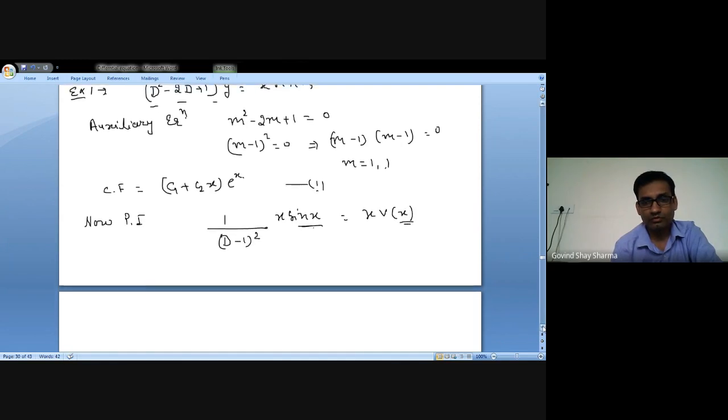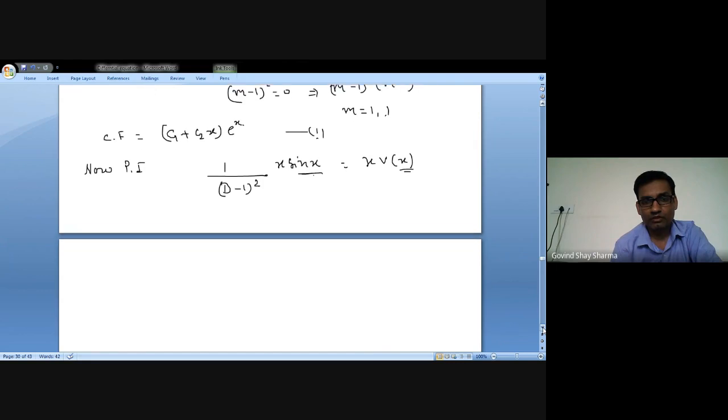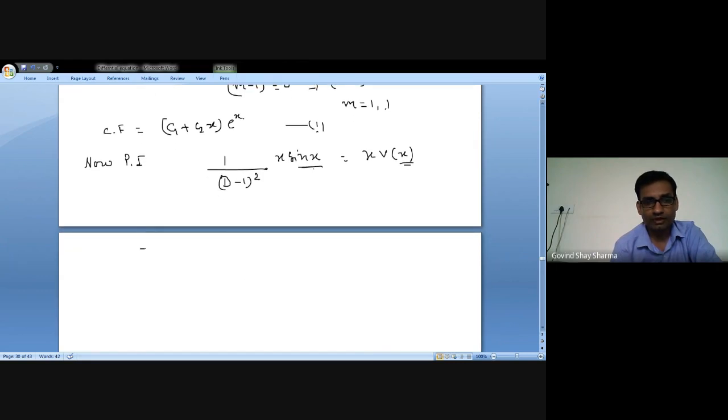So the method we use here: we can write 1 upon d minus 1 whole square operating on x sin x. e to the power iota x can be written as cos x plus iota sin x.